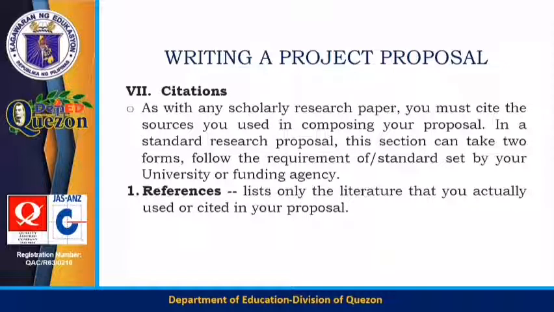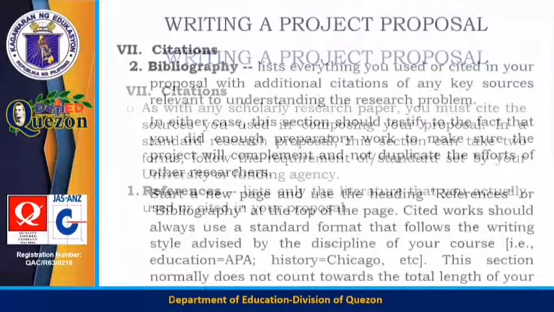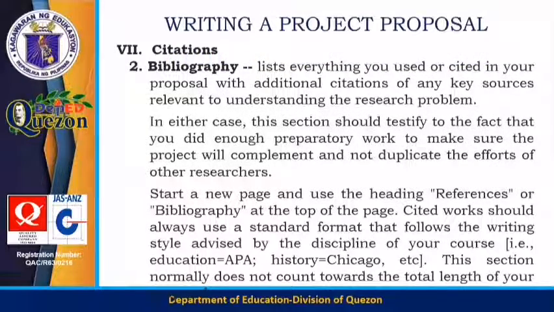When we talk about bibliography, we list everything we used or cited in our research project proposal, with additional citations of any key sources relevant to understanding the research problem.